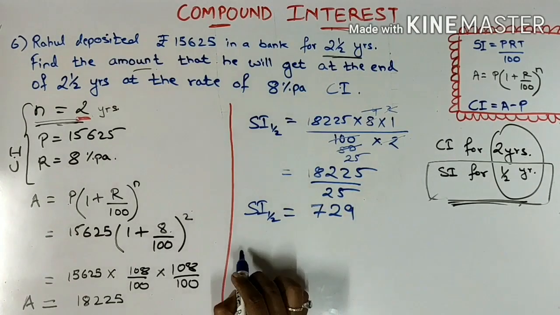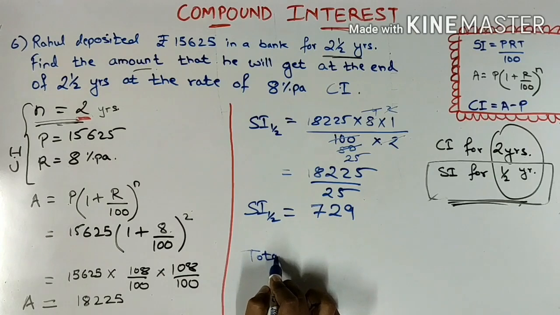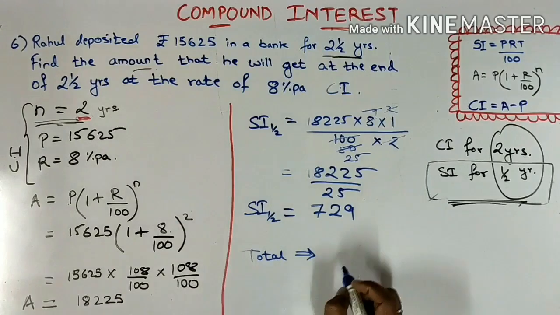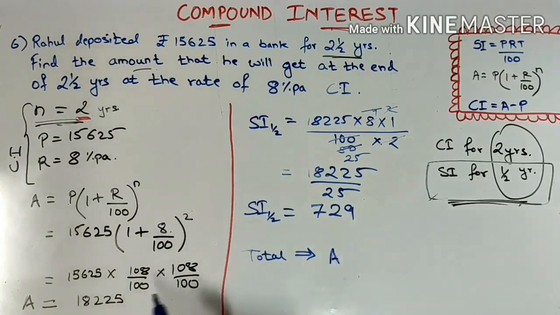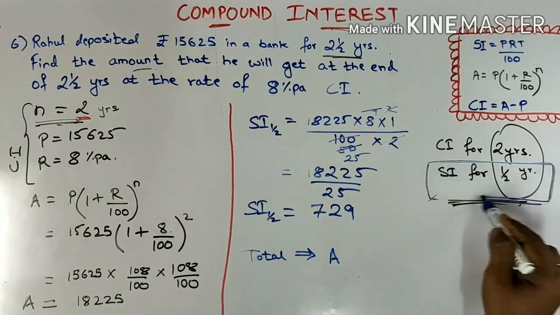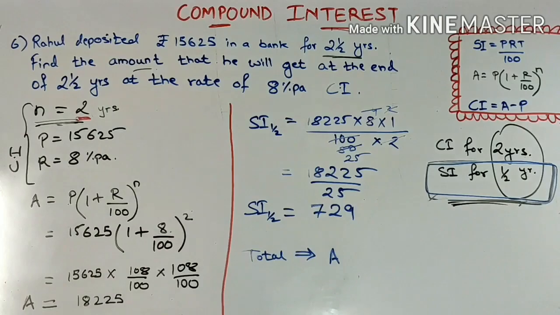So the total amount that Rahul receives after 2.5 years will be the amount formed by the compound interest over here plus the simple interest for the later half year.